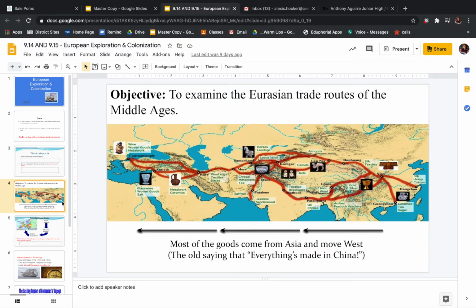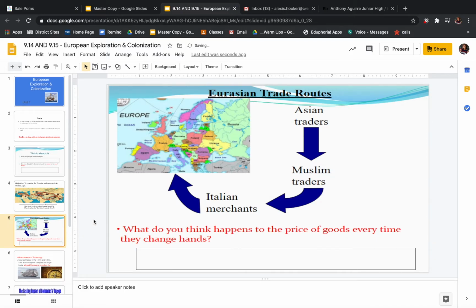So, it says most of the goods come from Asia and they moved west. So items would start over here in Asia and then move this way and back and all around. Back then, like I said, everything would usually come from Asia. So the Asians would exchange and trade things with the Muslims.